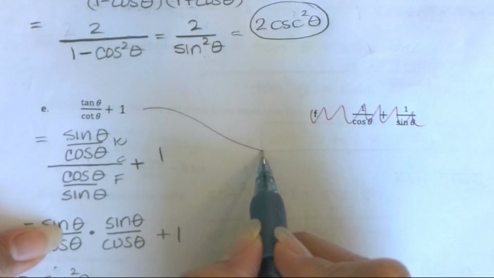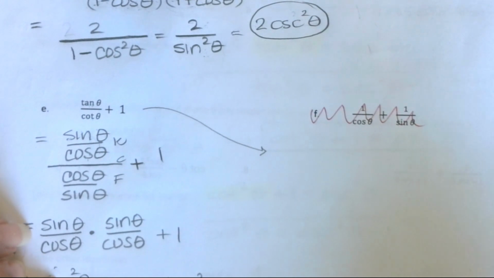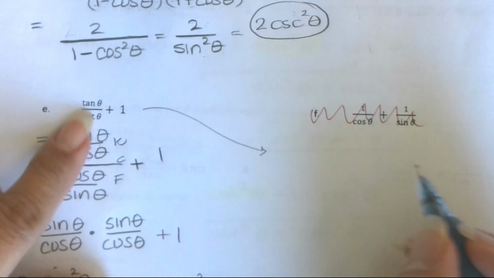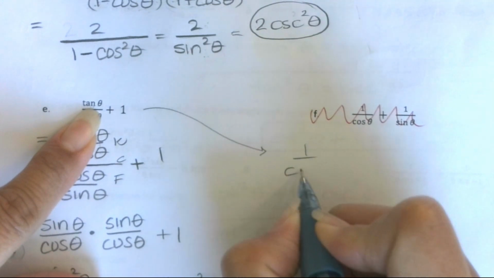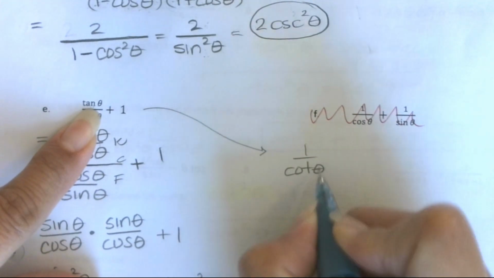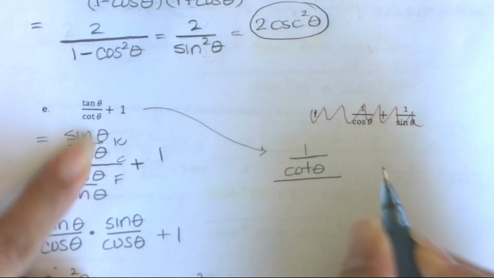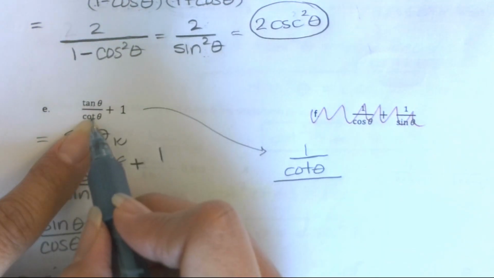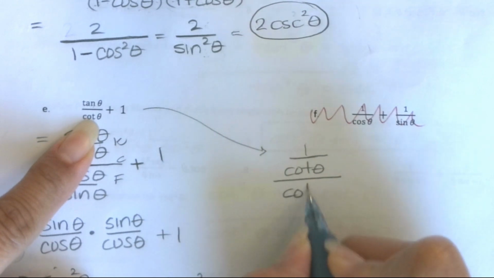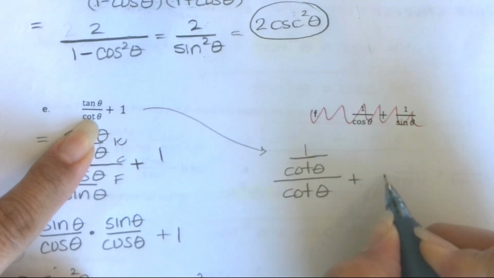So know that that is also a totally different option. So if I change tangent to 1 over cotangent, as he said, and then over the cotangent, since this was 1 over cotangent, I'm just going to keep that one as cotangent and put the plus 1.